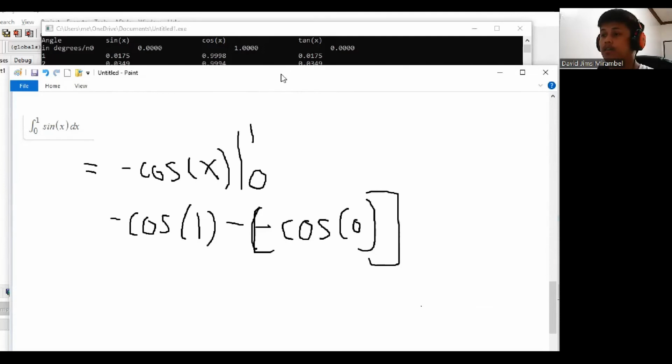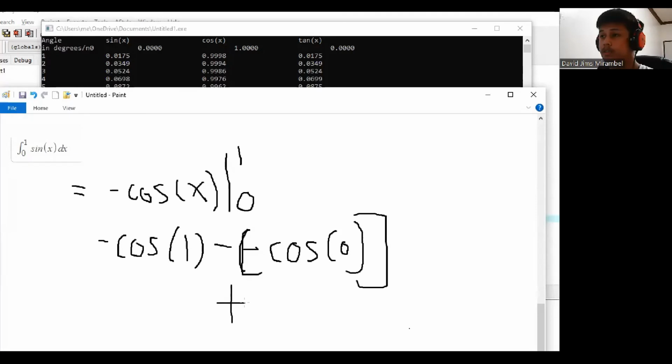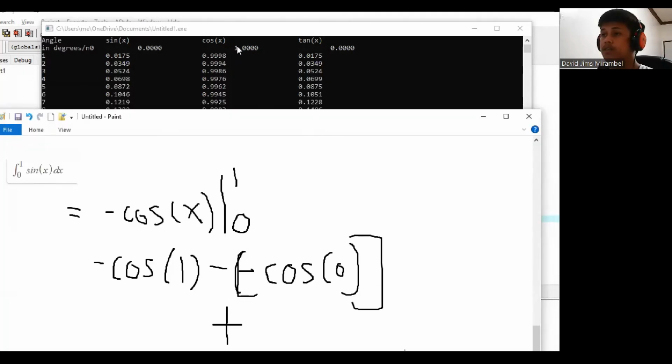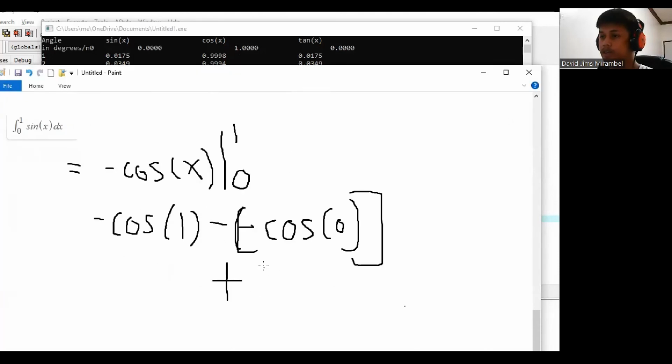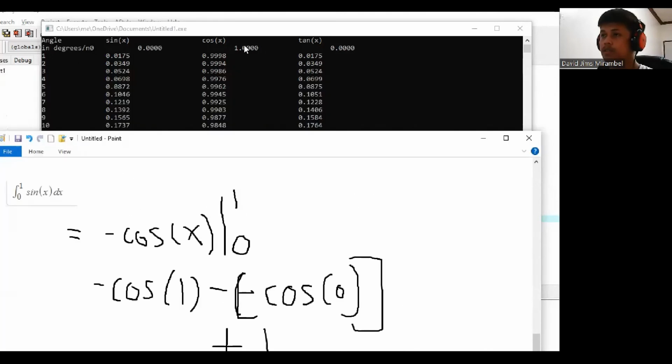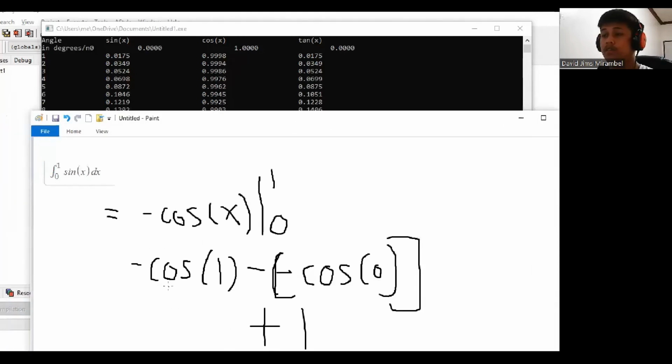Negative cosine, so this is going to be plus. Cosine 0 is 1, as you can see here, it's 1 at 0. And cosine 1 is negative 0.9999, that's a lot of 9s, 8.